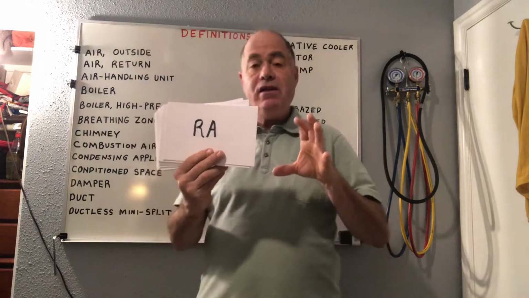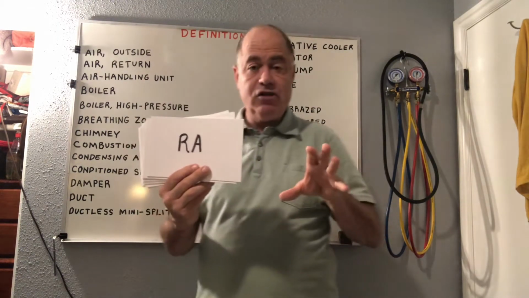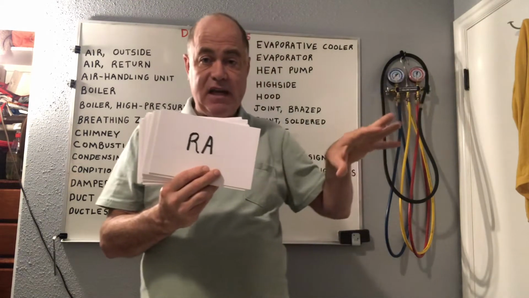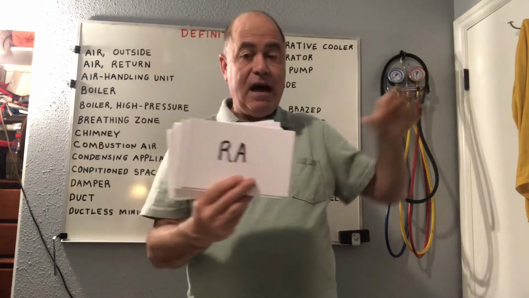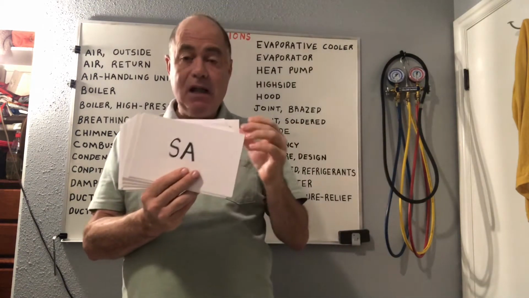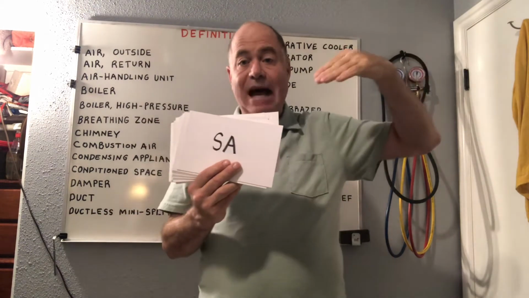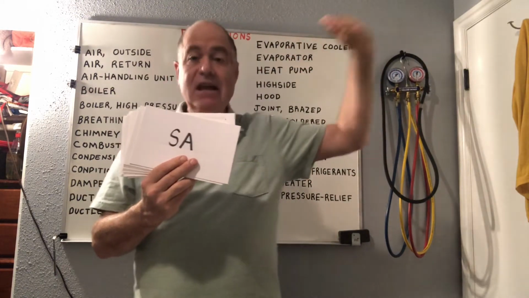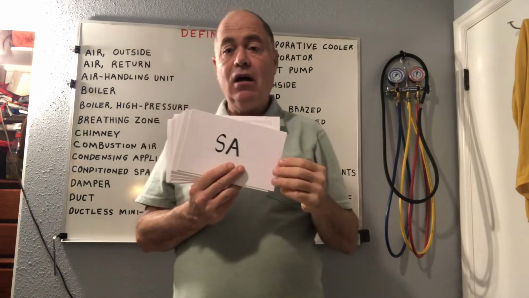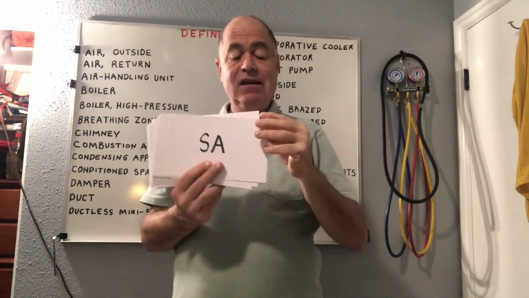This is where the air leaves a room or a zone or space and is going back to the air conditioning unit or back to the air handler. That air is return air. On the other hand, supply air is where the air comes out of a vent, out of a grill, into a room that has generally been conditioned, supply air.